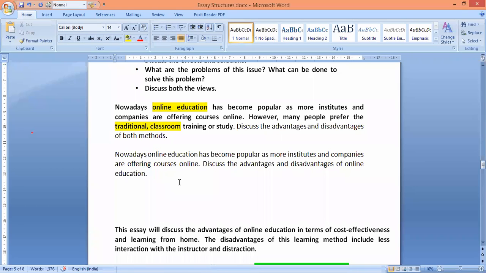Should the body paragraph be online education compared with traditional classroom? There is no comparison between traditional classroom and online education. It's only the advantages and disadvantages of online education, and the advantages and disadvantages of traditional. There's no comparison between the two.